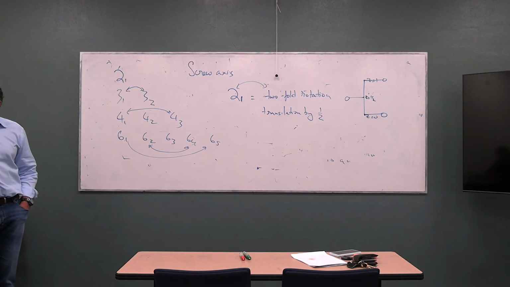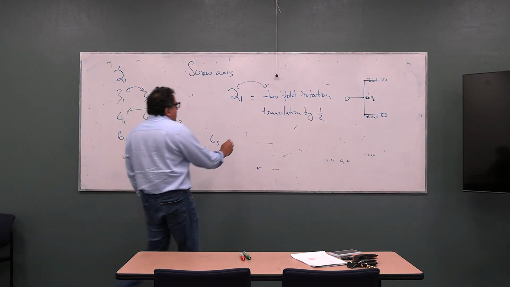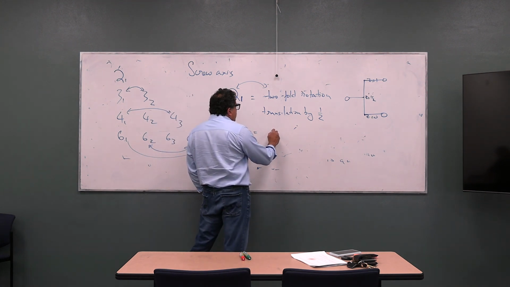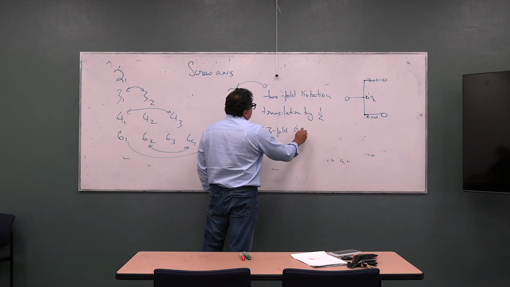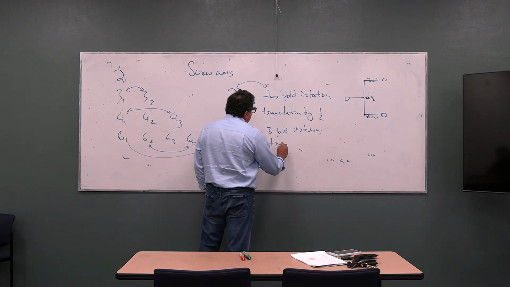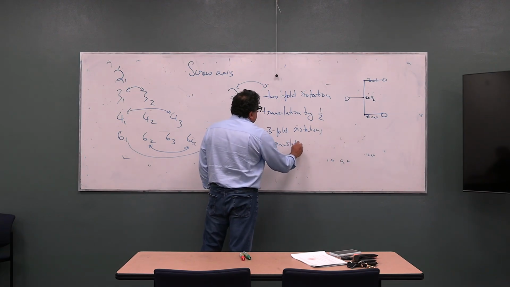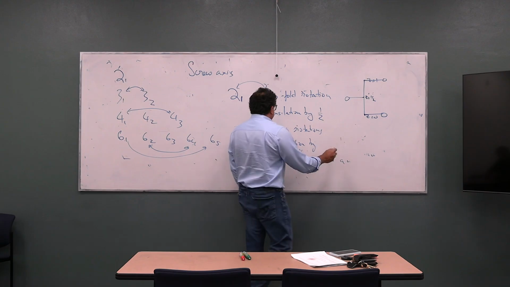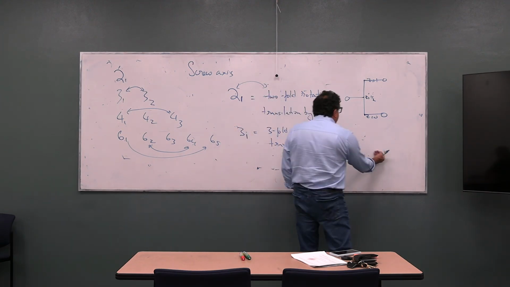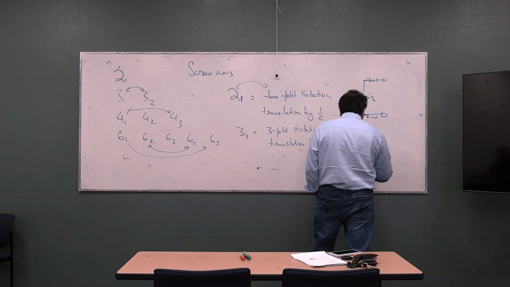So that's a 2-1 screw. What about a 3-1 screw? Explain now what a 3-1 screw is. It's a how many fold rotation? 3-fold, right? Translation by 1/3. So the 3-1 screw is going to look like this.